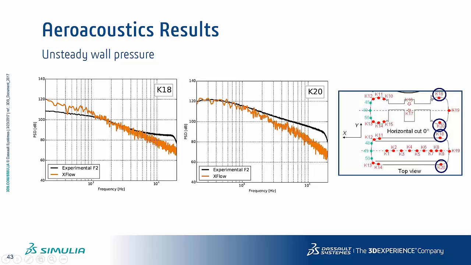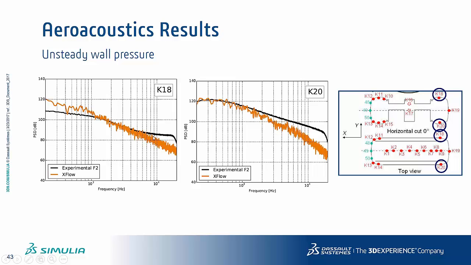So now looking at other probes, we've got 18 and 20, which are located on the downstream side. One is on the inner side and one on the outer side. Again, we've got some good match here, especially for K20, which is pretty good, even though at higher frequencies it drops a bit faster.